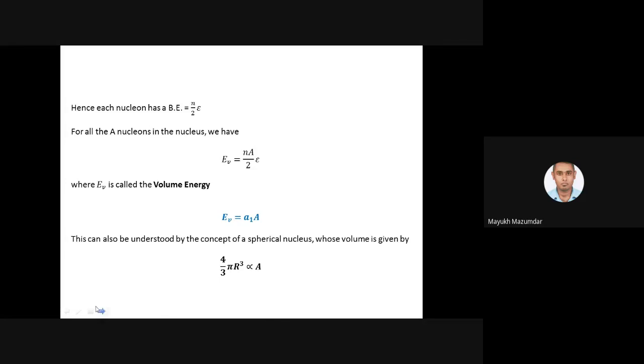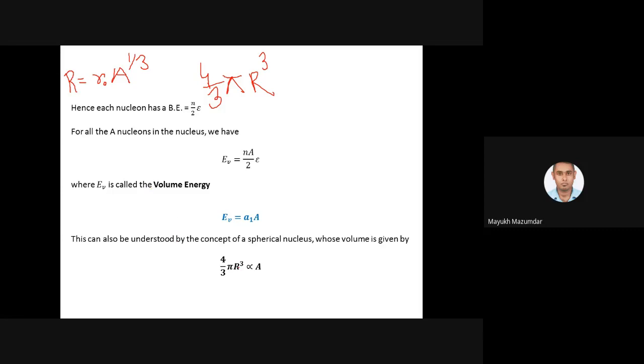And if you are still in doubt why we call this thing volume: if the nucleus is spherical, you know that a sphere has a volume of 4/3 pi r cubed. And assuming the nucleus as spherical, we know that r is written as r equals r naught A to the power 1/3. Remember this formula?